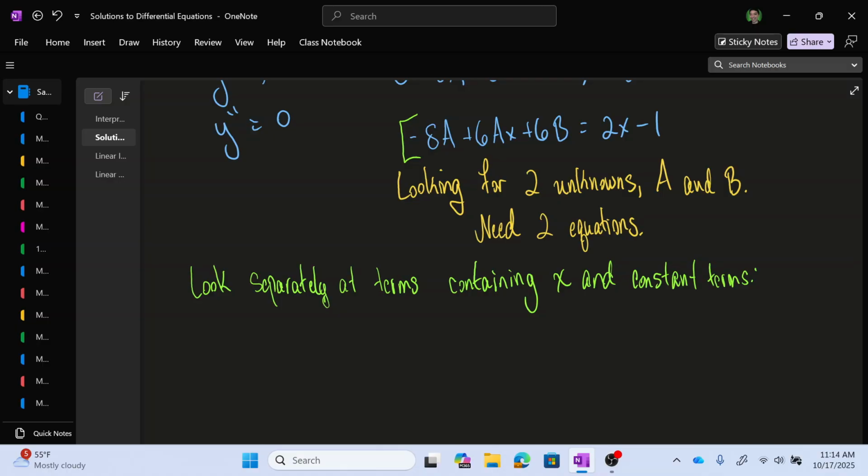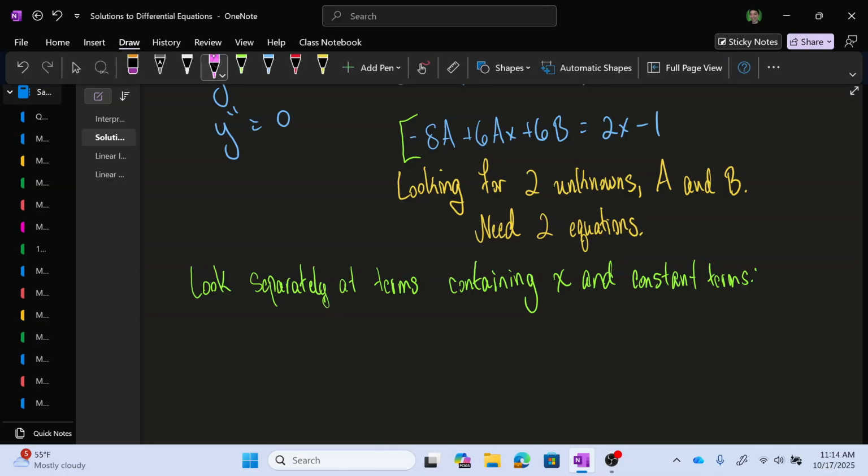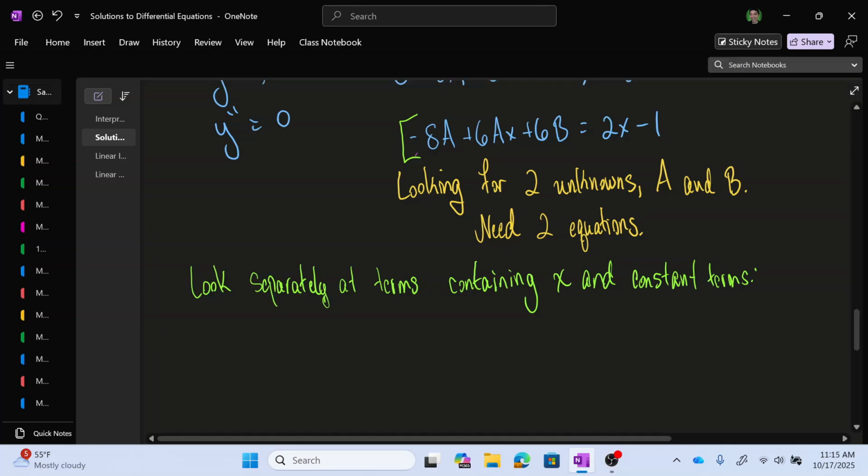So for example, in the equation that I'm given, the constant terms tell a story of their own. That negative 8a, that term that doesn't contain x, plus 6b is on the right-hand side matched to this constant negative 1. So the constant terms tell the story negative 8a plus 6b equals negative 1.